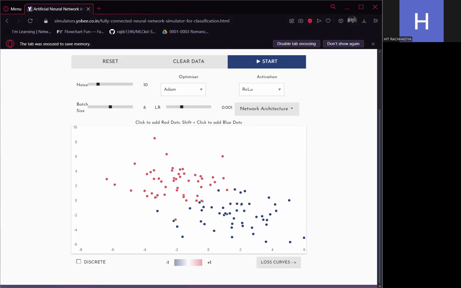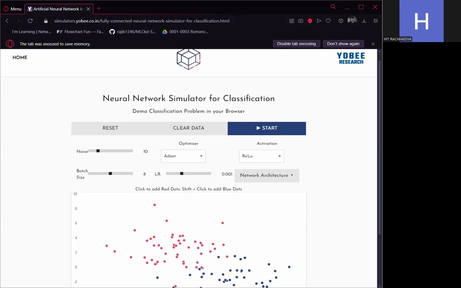Then there are different options given. First is the optimizer. There are multiple options for optimizer. The optimizer defines how the network updates its weights and biases during training to minimize the loss function, and it determines the direction and size of each update in the parameter space.